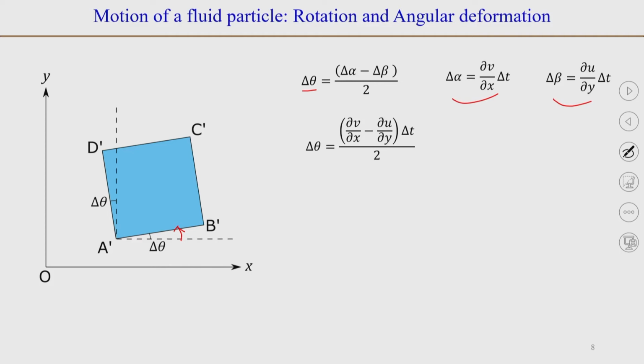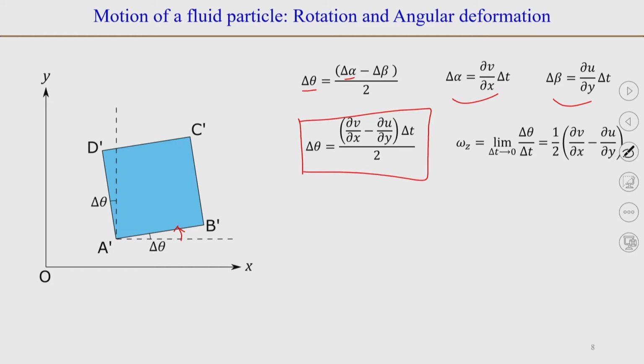So, when we substitute for delta alpha, dou v by dou x into delta t, minus delta beta, which is equal to dou u by dou y into delta t, we get this expression for delta theta. In the limit we can bring delta t here.